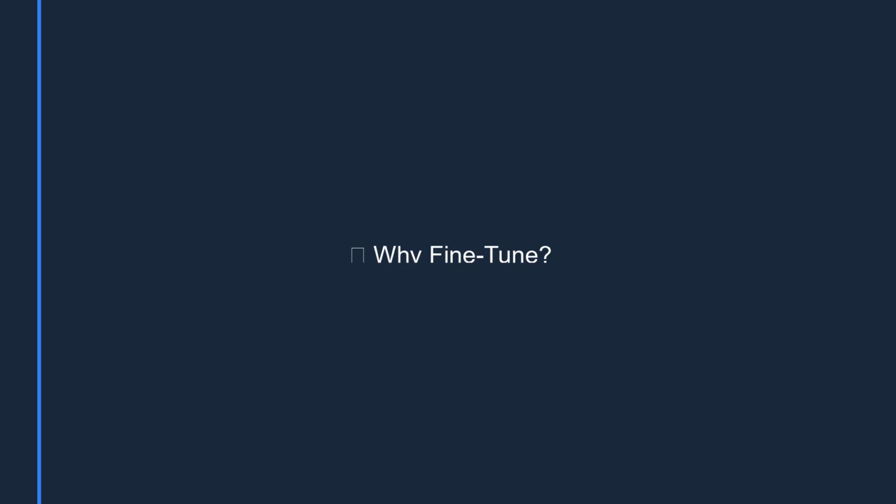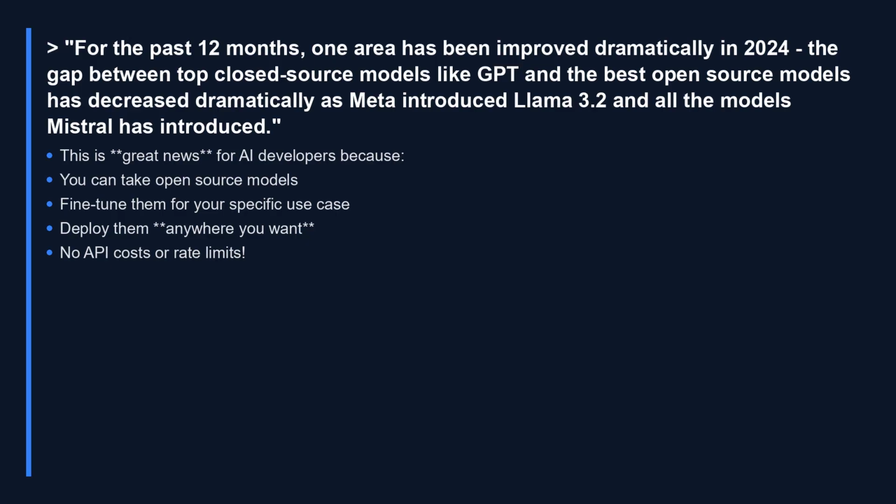Why fine-tune? Here's the landscape shift that makes this the right moment to learn fine-tuning. Through 2024, the gap between top closed-source models like GPT-4 and the best open-source models narrowed dramatically, driven by releases like Meta's Llama 3.2 and the wave of models from Mistral. That gap matters because it changes your economics completely.